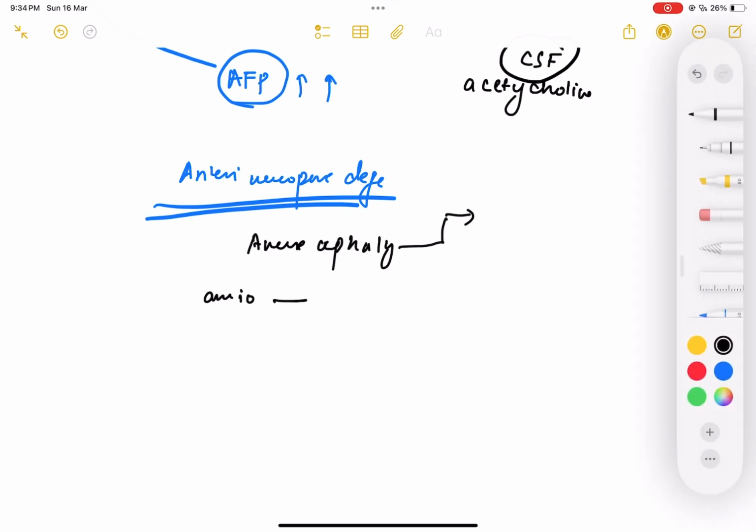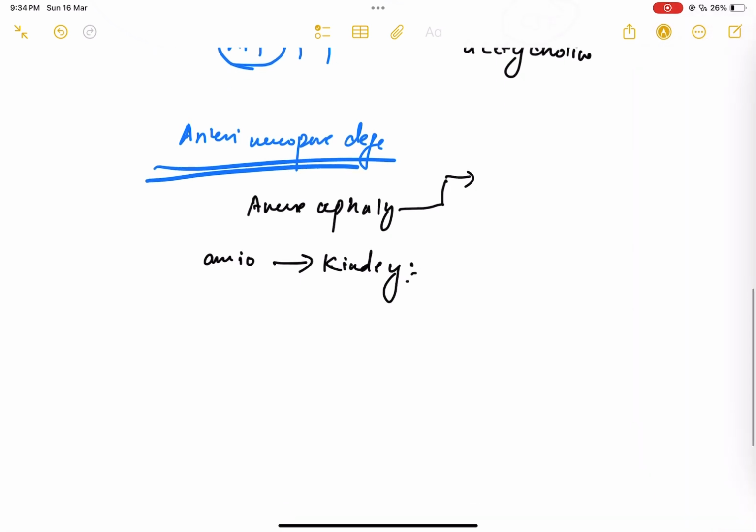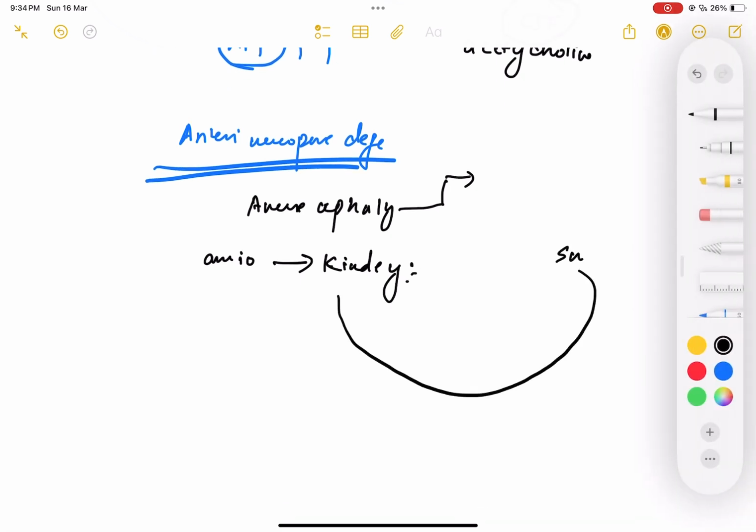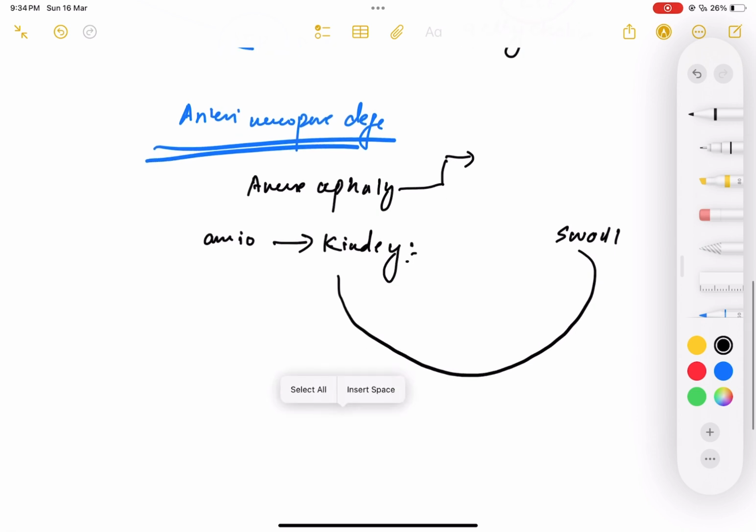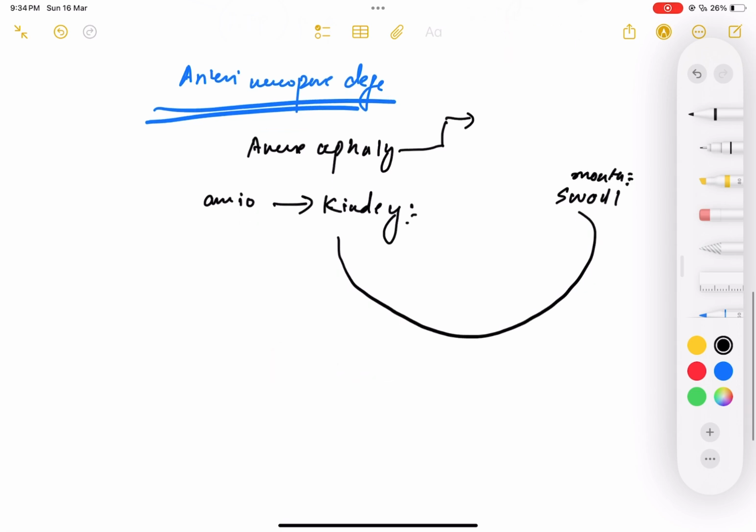Another point to keep in mind is the normal amniotic fluid cycle. We already discussed that amniotic fluid is made by the fetal kidney, and for the cycle to complete, the baby has to swallow it. In this way you have a constant amount of amniotic fluid. But if we have an anterior neuropore defect or anencephaly, it also leads to inappropriate formation of the mouth.